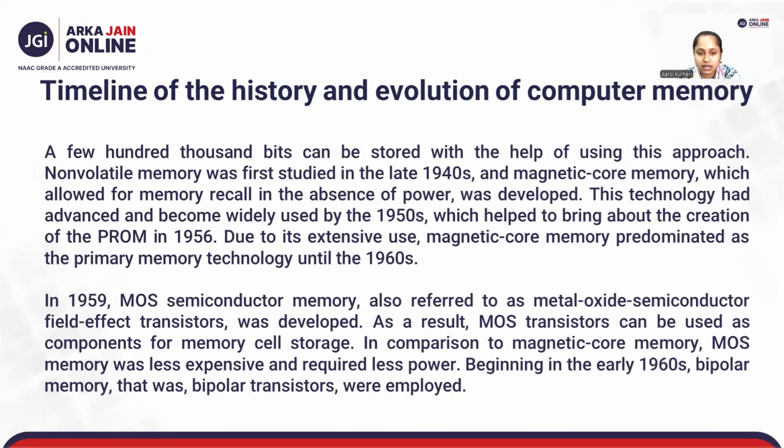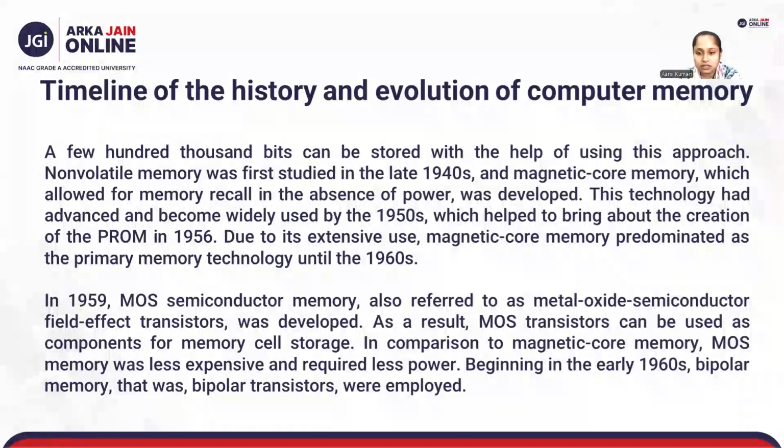In 1959, MOS semiconductor memory, also referred to as metal oxide semiconductor field effect transistors, was developed. As a result, MOS transistors can be used as a component of memory cell storage. In comparison to magnetic core memory, MOS memory was less expensive and required less power.